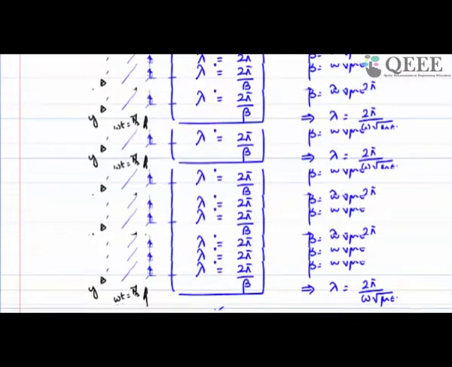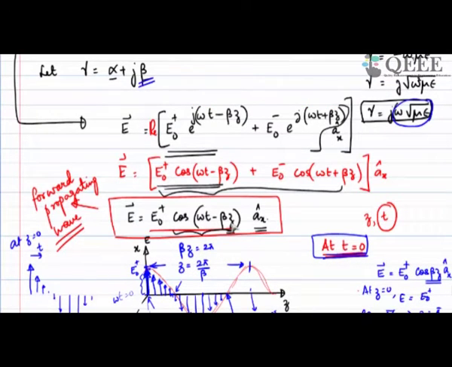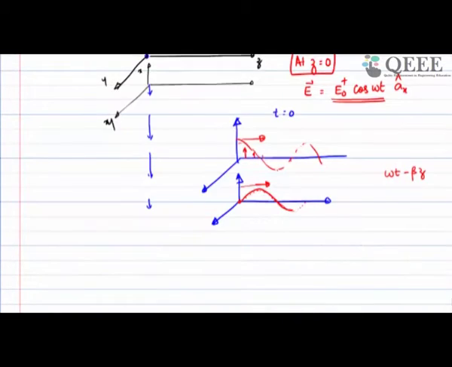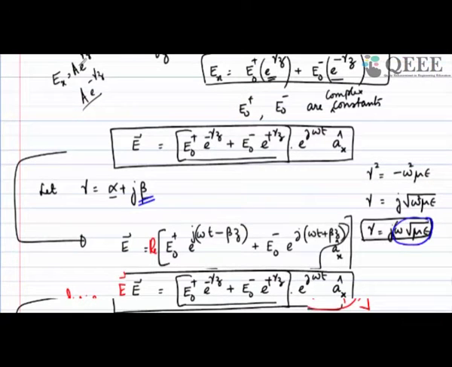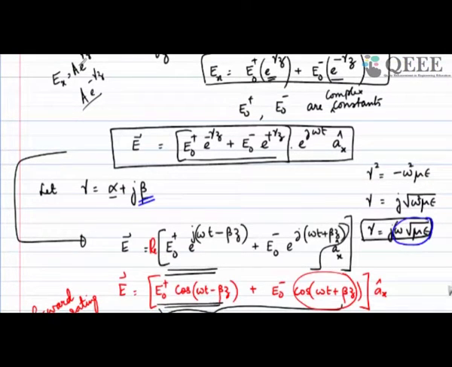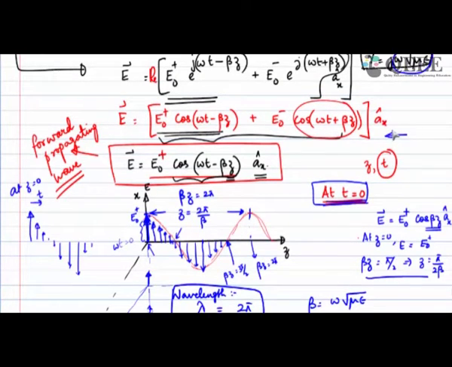And hence this omega t minus beta z is representing a forward propagating wave, which is why I put its amplitude as E naught plus. Now if you do the analysis the same way for this other wave, it will appear as if it is moving in the negative direction.